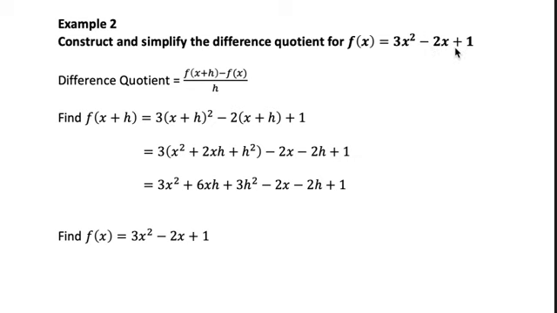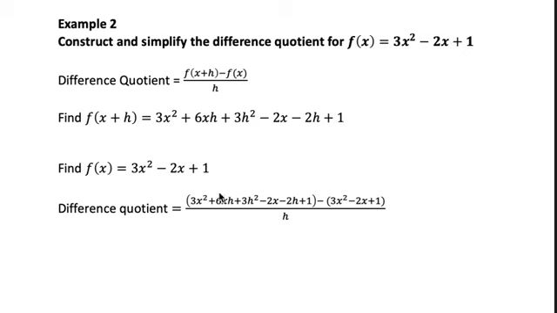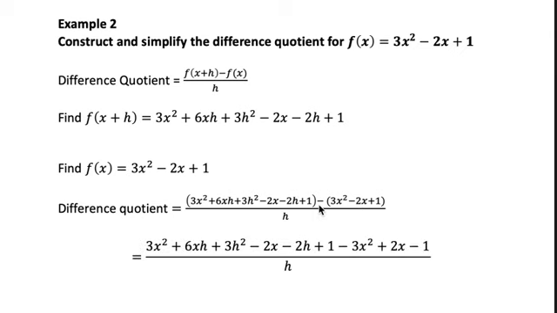We're going to put those together, the f of x plus h, which we worked out on the previous screen, and f of x, which we already knew, and we're going to put those into our difference quotient. So f of x plus h minus f of x. In the next screen, I'm going to distribute this negative sign, getting rid of all the parentheses. And then a lot of things should cancel.